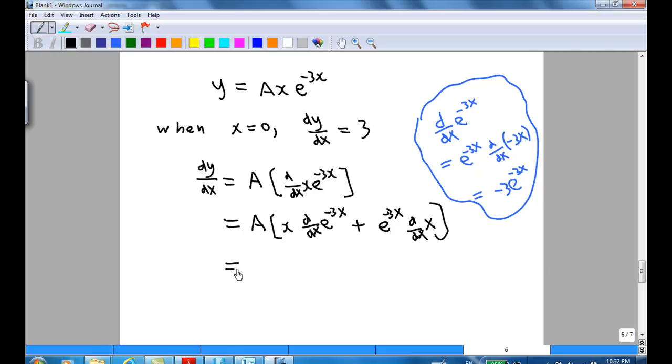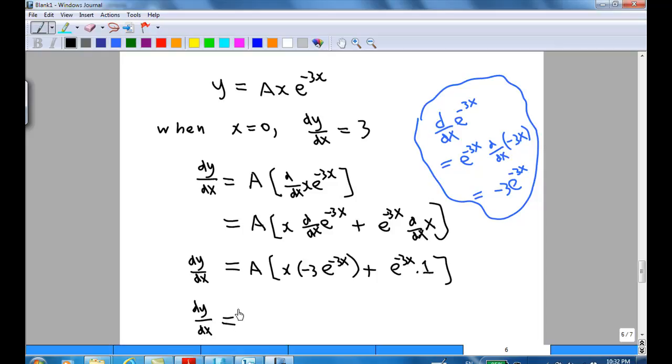Therefore, dy/dx is equal to a times [x times -3 e^(-3x) plus e^(-3x) times 1]. Combining together, dy/dx is equal to a e^(-3x) (-3x + 1).